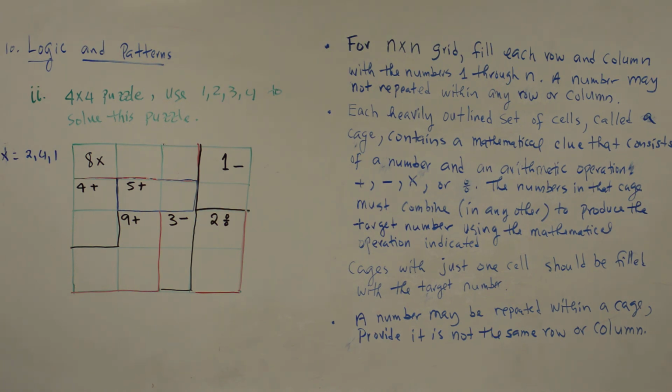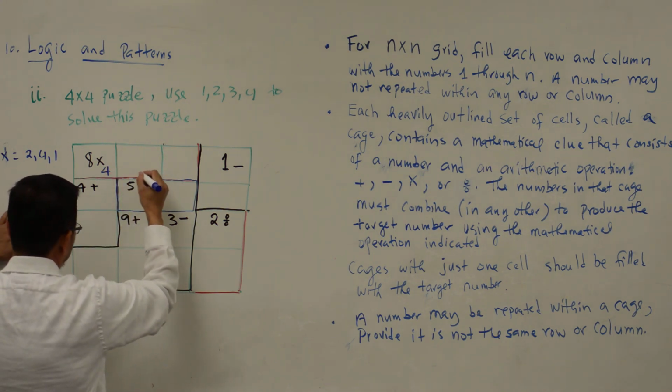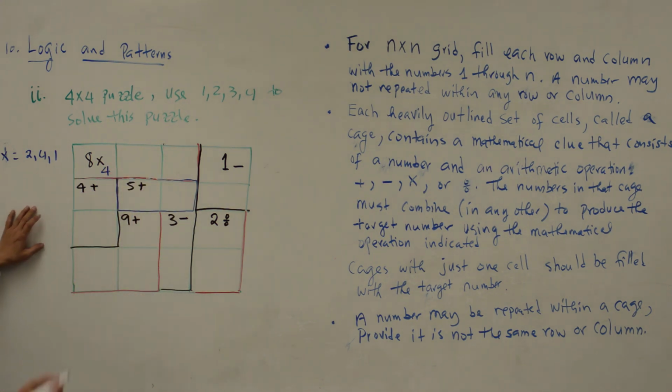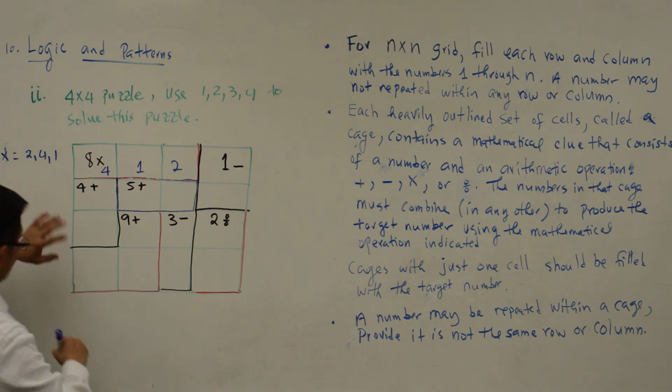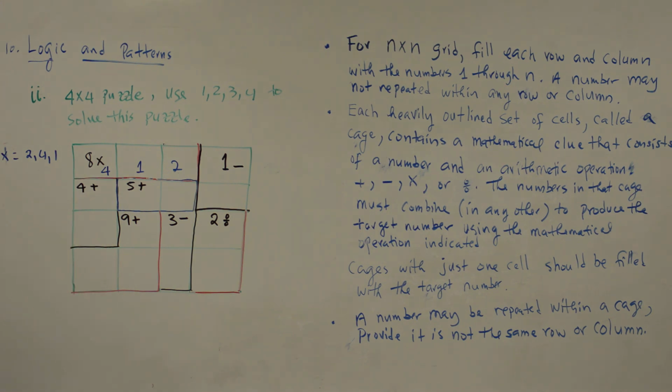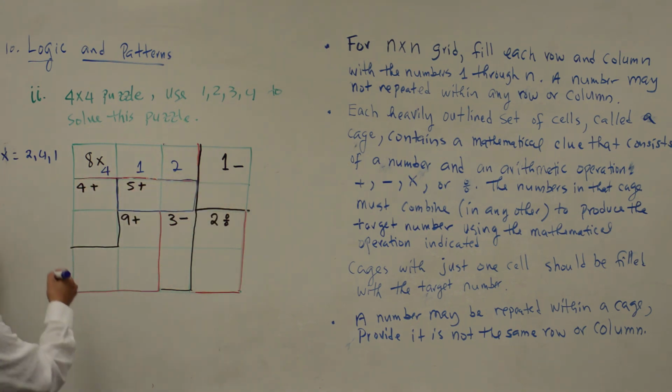So let's say if we fill this one with 4, then this must be 2 or 1. So we can put 1 or 2. Let's solve it first. Now, if we choose 4, 1, 2, so for 1 minus, let's solve it.